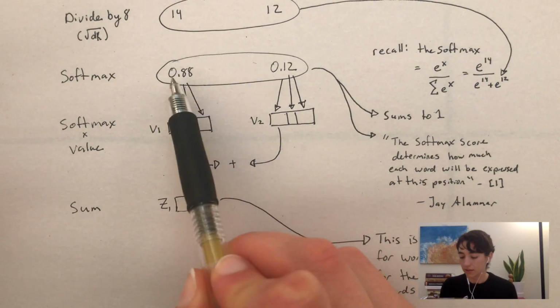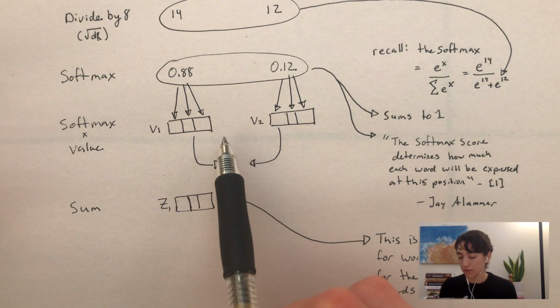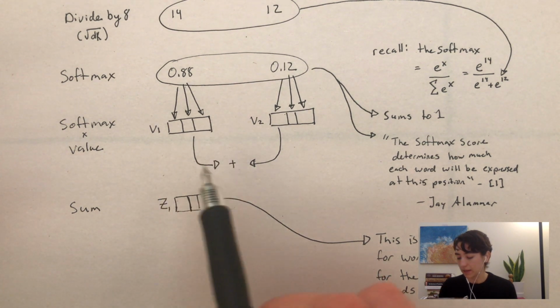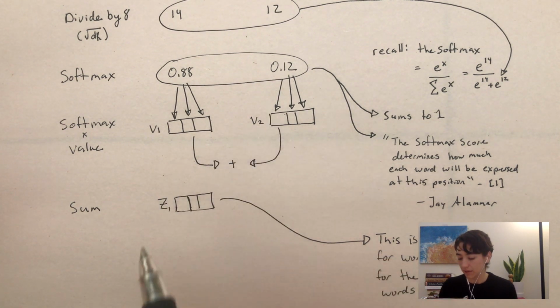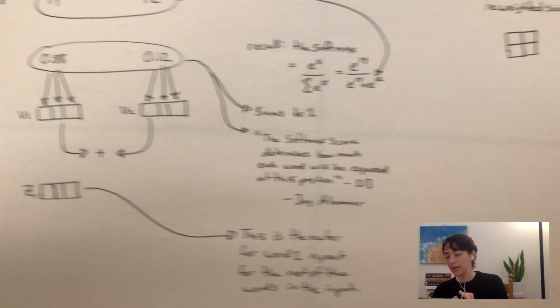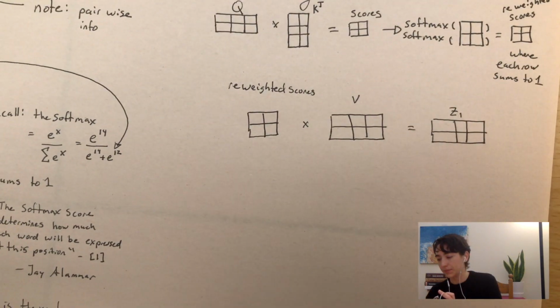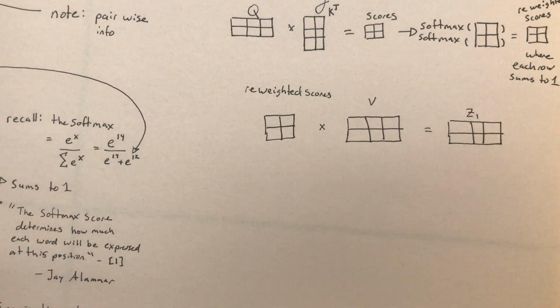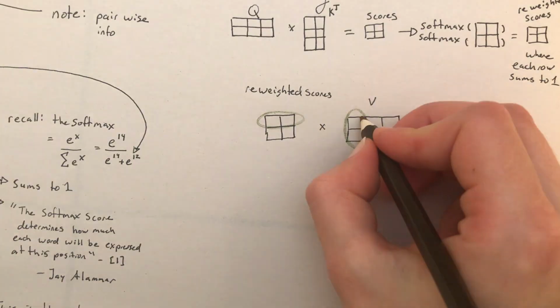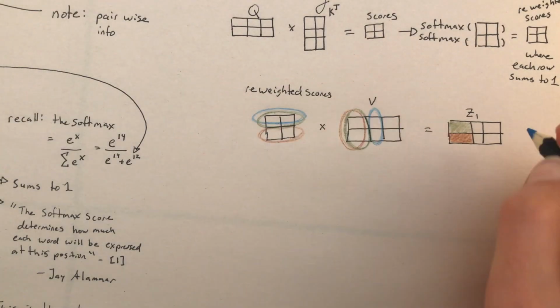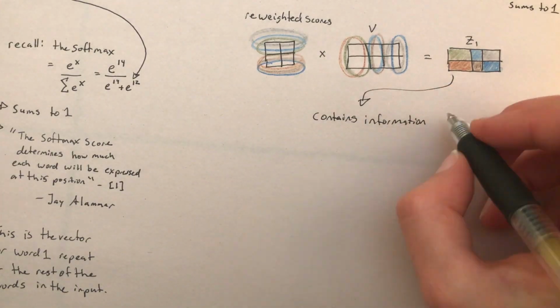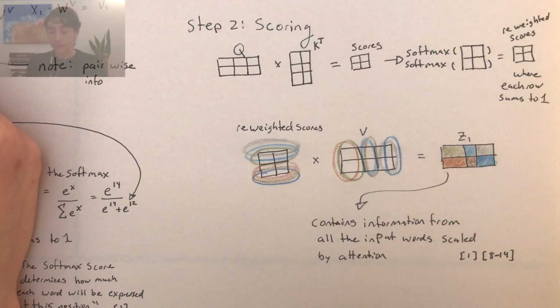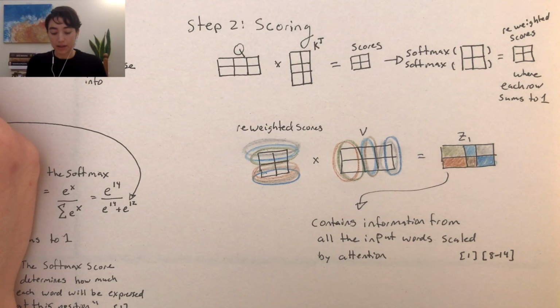You take the softmax, weight V by it, add the V's together, and you get Z. And that is exactly what we're doing right here. And note that Z contains information from all the input words scaled by attention. We have Z1, and that is the output of one attention head.